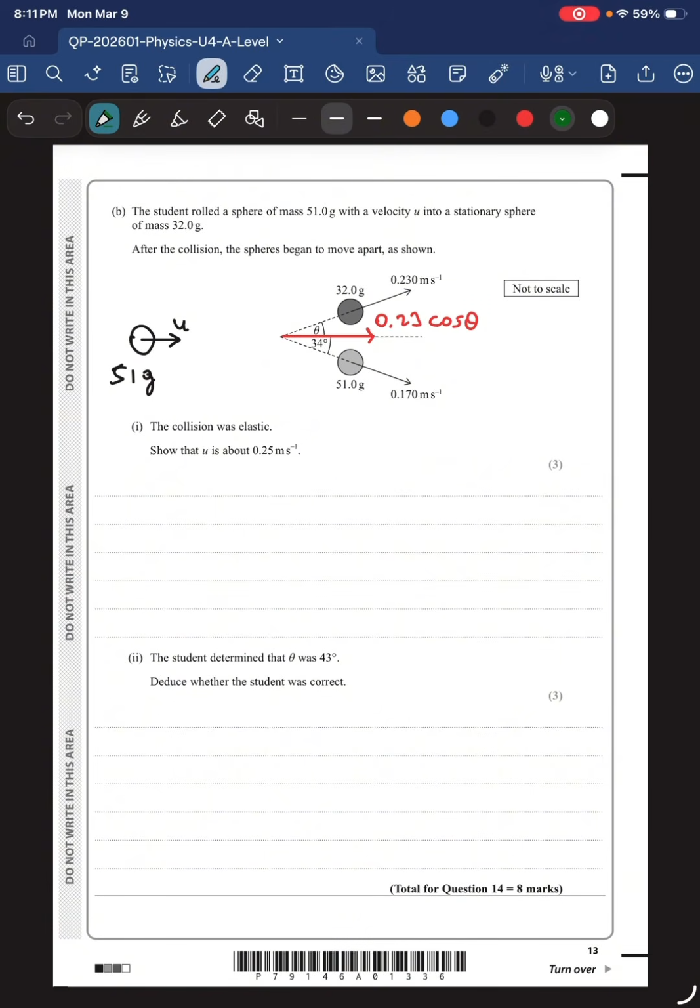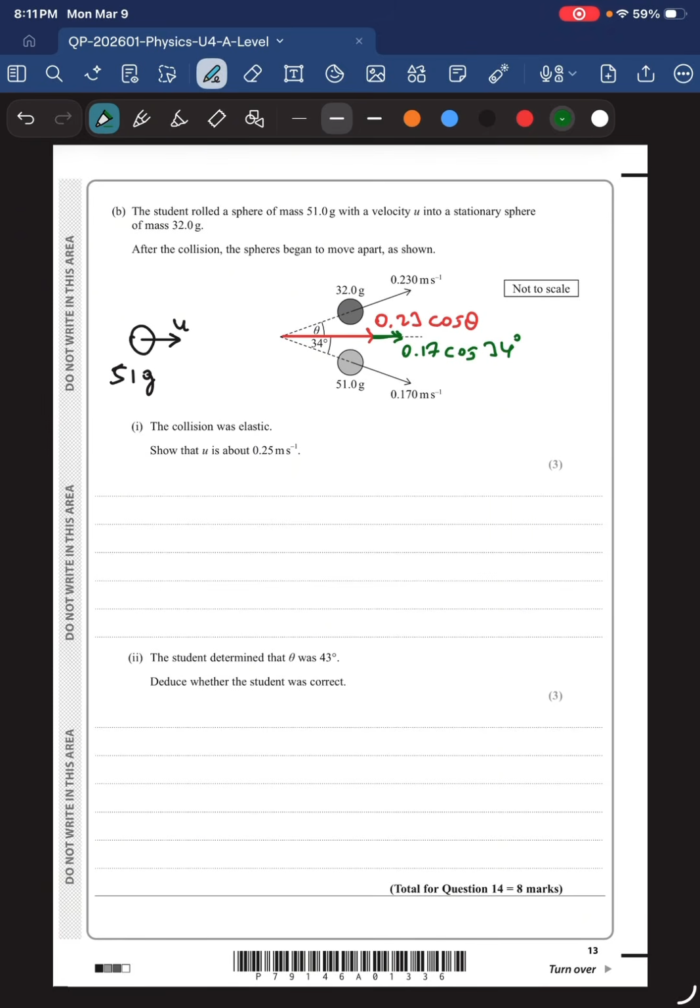And then you have another component from this velocity, which is, let's draw it over here, something like that, 0.17 cosine of 34 degrees.